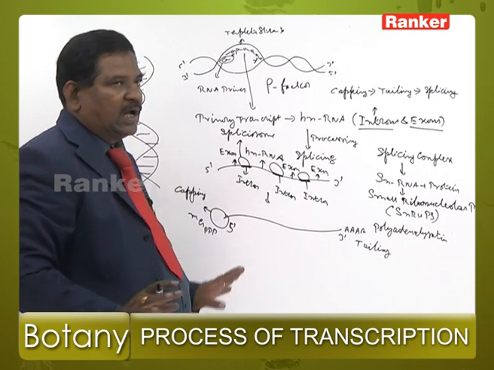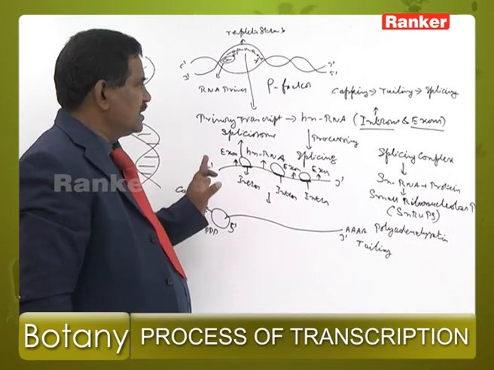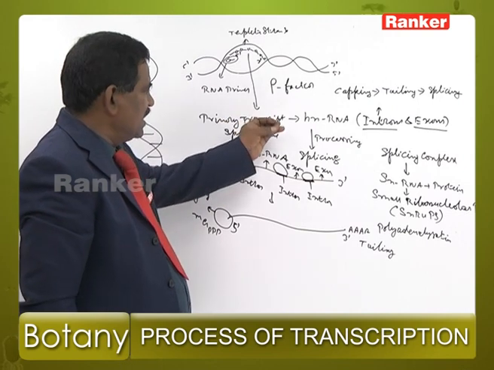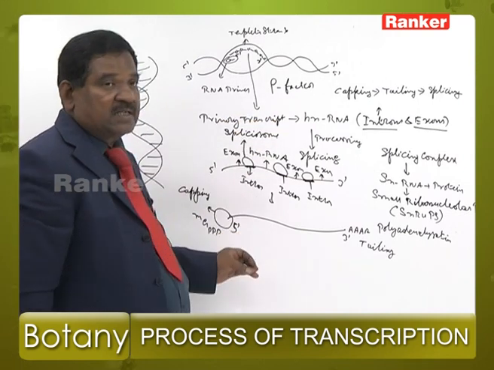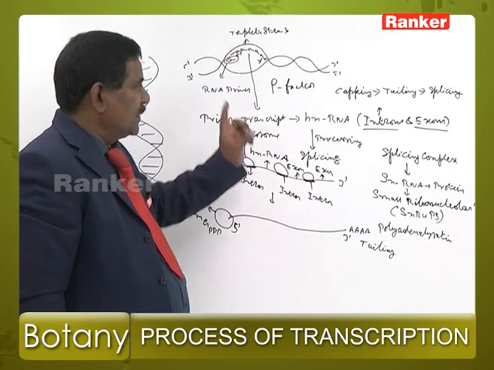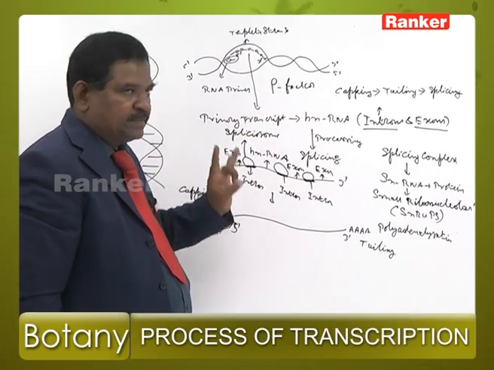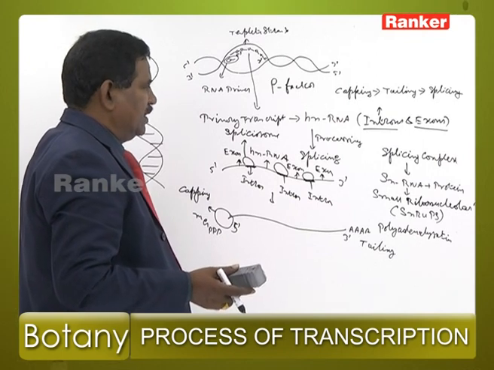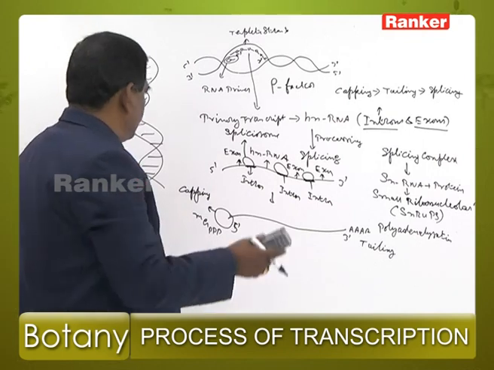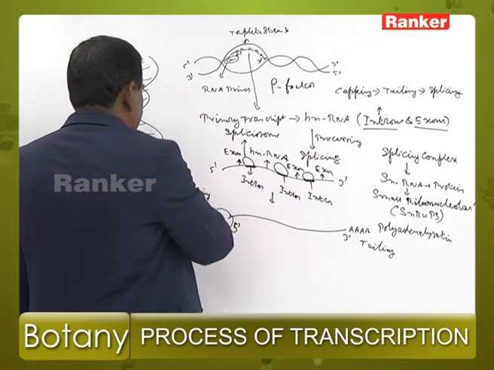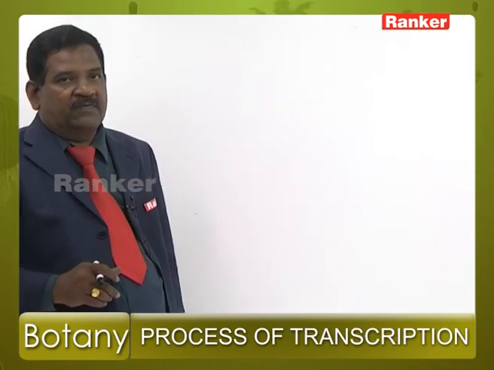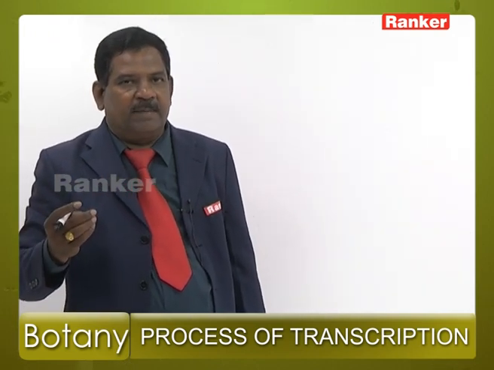Splicing, removal of introns. This is the sequence of steps during the conversion of hnRNA into functional mRNA: capping, tailing, splicing. This is the process of formation of mRNA, the process of transcription. Now it is the mRNA. After processing, hnRNA becomes the functional mRNA.